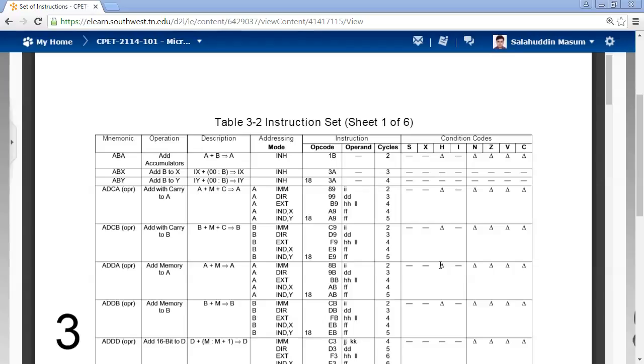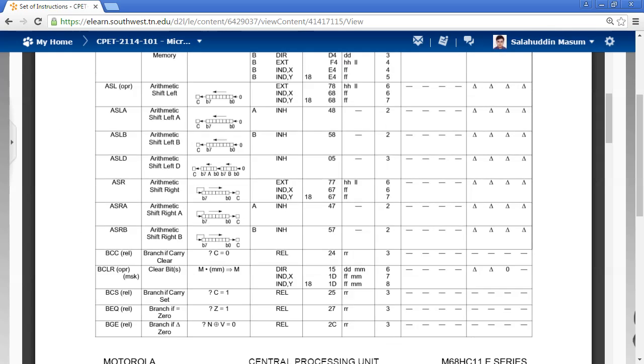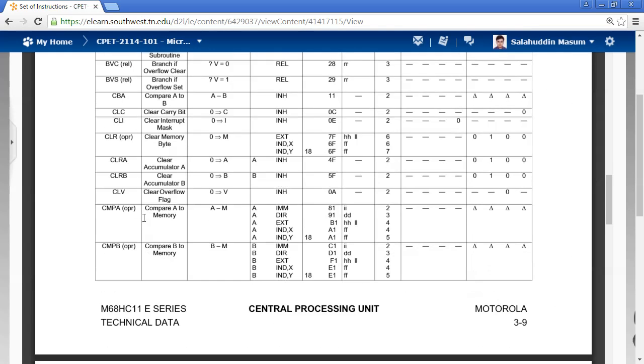Okay, so here we are. Can you read the instruction here in the left column? Is it too small for you? Can you read this? Okay, now let's go back. What is the instruction? NEG, right? Let's go to NEG because these are all alphabetically sorted, okay? I'm scrolling down.